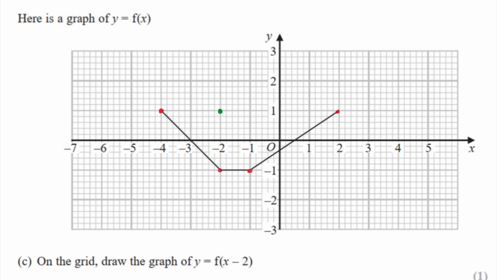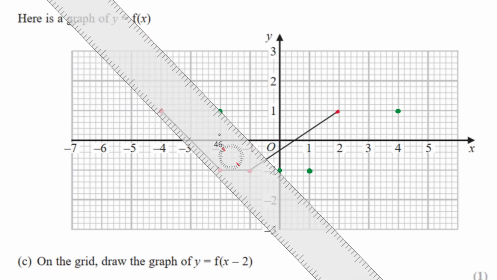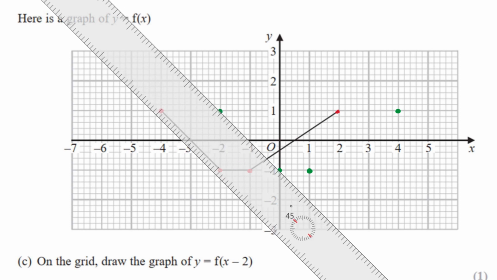The point at negative 2, negative 1 is going to move to 0, negative 1. The one next to it at negative 1, negative 1 is going to move to 1, negative 1. And the point at 2, 1 is going to move across to 4, 1. Once I've got all my reference points in, I can just join them up with a ruler, and then I'll get my new graph, which is a transformation of my old graph.